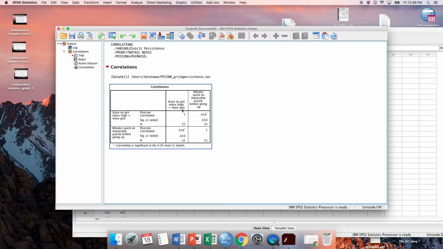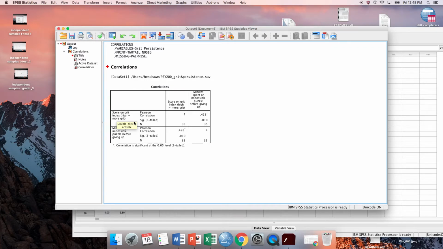So here I see my score on the grit index and my minutes spent on the impossible puzzle. And here's the Pearson correlation. So here I see that the relationship between the score on the grit index and the minutes spent on the impossible puzzle is a relationship of 0.428.